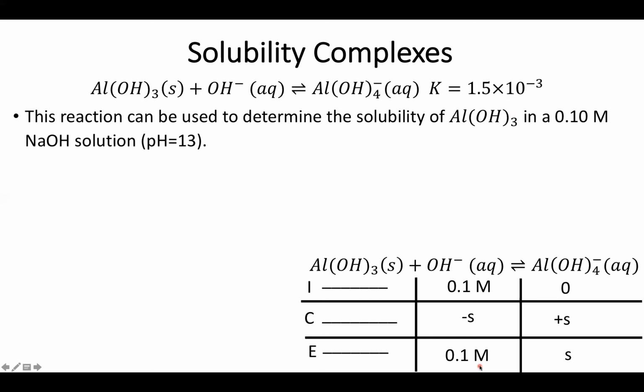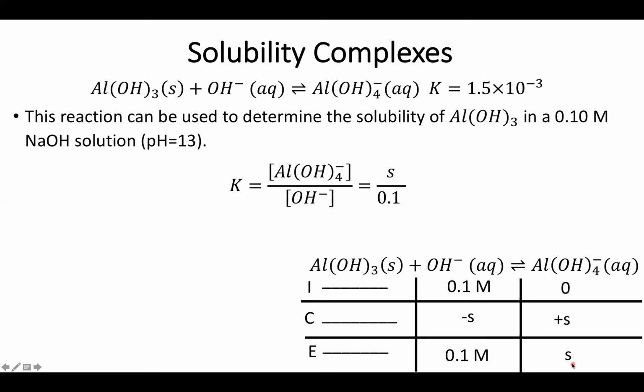We're going to assume that our hydroxide concentration stays relatively constant. In truth, you'd often add a buffer to keep that pH really fixed. Then we'll find that this will give a complex concentration that's equal to the solubility.